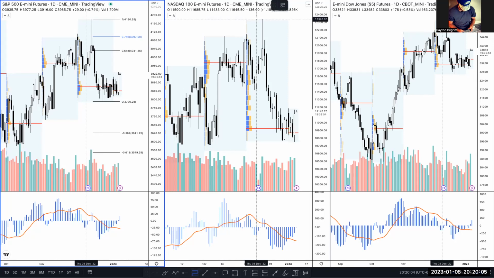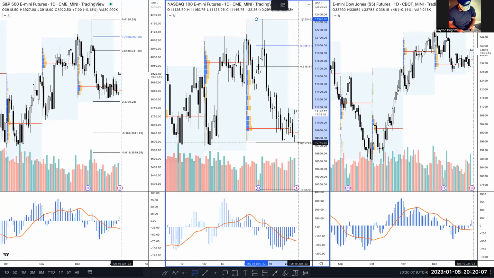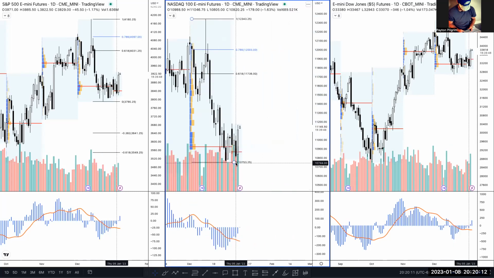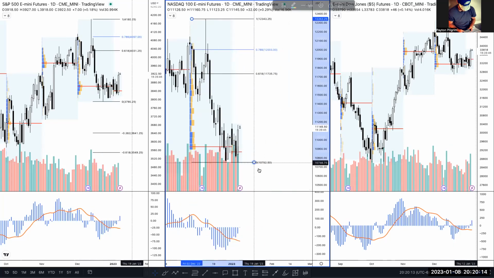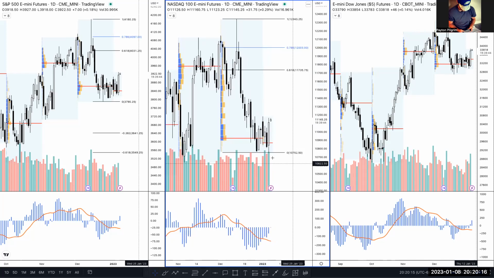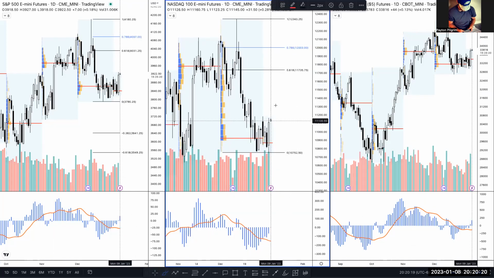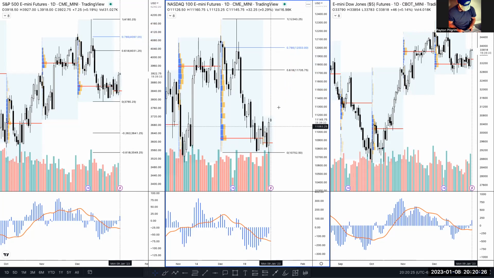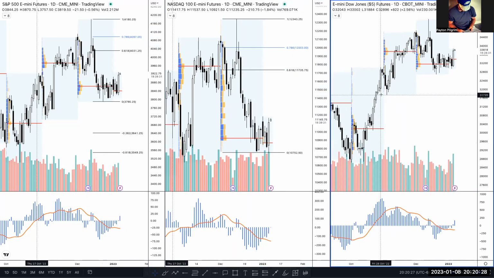I really think our focus should probably be on the S&P just because it's in the middle of the two. And I say that because if the NASDAQ corrects this much, the S&P is probably going to blow this off. So I don't really want the NASDAQ to correct that much.